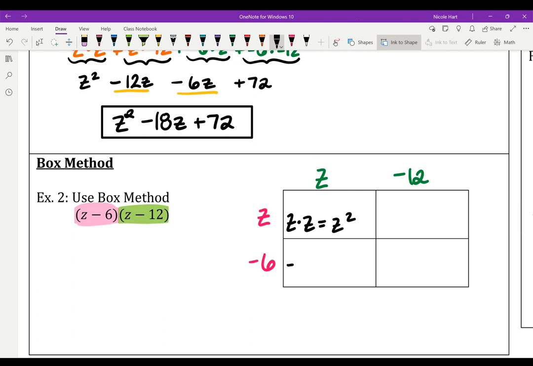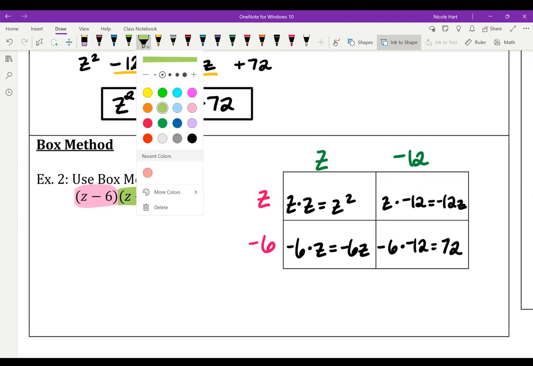Continuing down, I have negative 6 times z, gives us negative 6z. Moving to the column on the right, z times negative 12 gives us negative 12z. And then negative 6 times negative 12 is a positive 72.